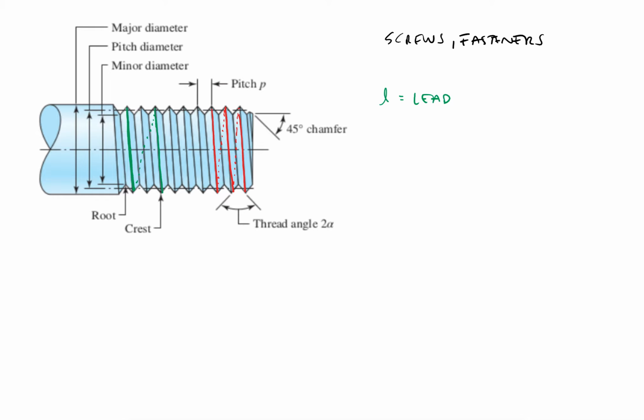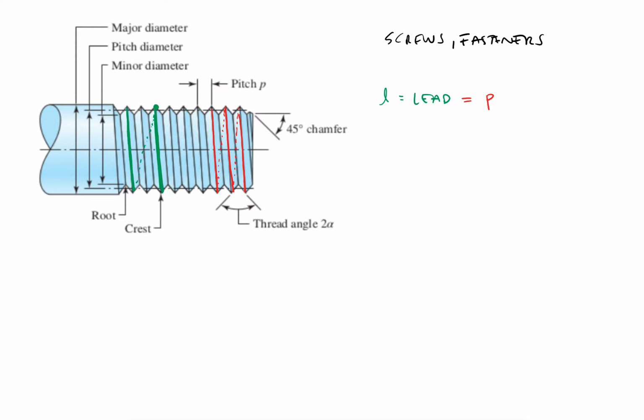you would see that the lead, which is the distance that the nut would move in the axial direction of the screw, would be equal to a pitch, right? But not necessarily. In the first one that I drew in green, you assume that the thread in the back goes all the way here, and then you see it on a second thread.